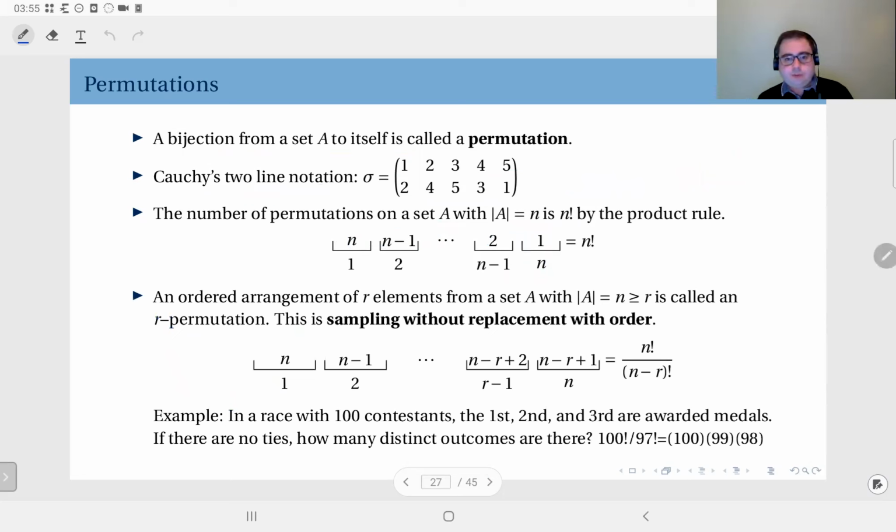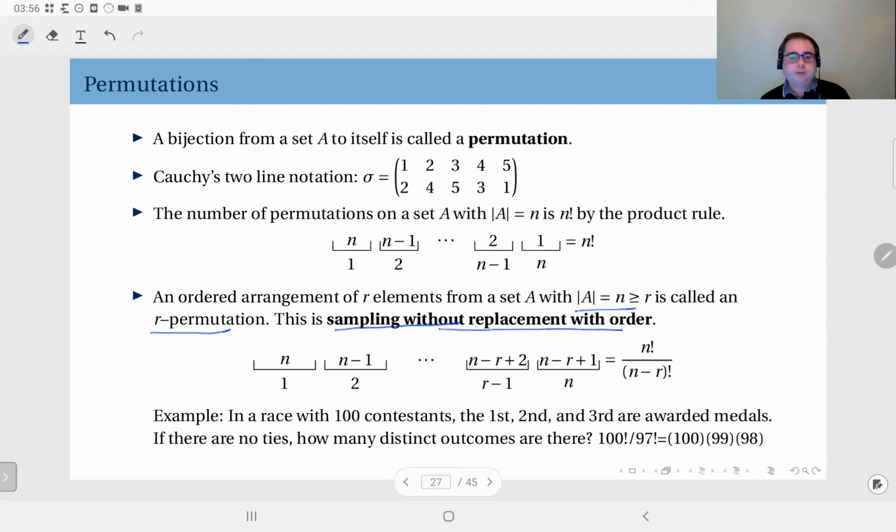An ordered arrangement of r elements from a set A with n elements is called an r-permutation. Now here we are not talking about the permutation as a function, but just an ordering, and now we are using a subset of the elements we have in the original set A. This is what we call sampling without replacement with order.